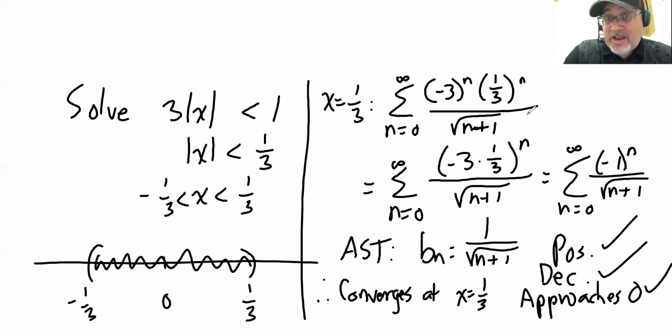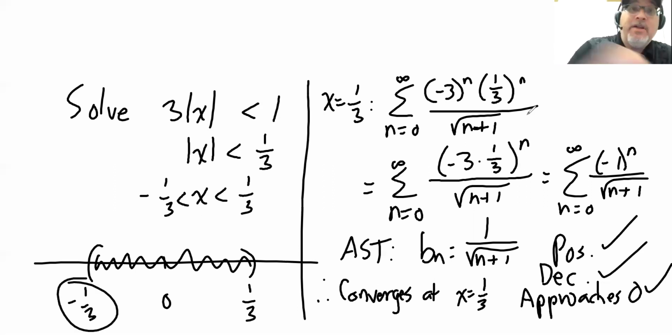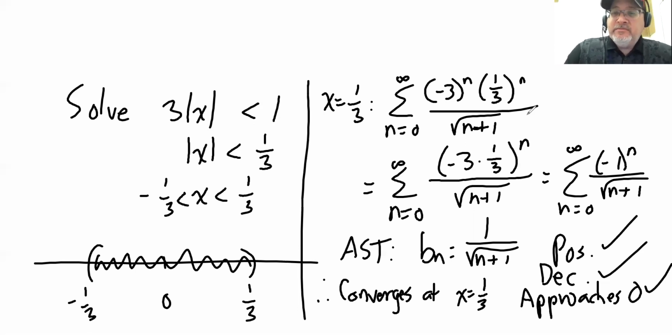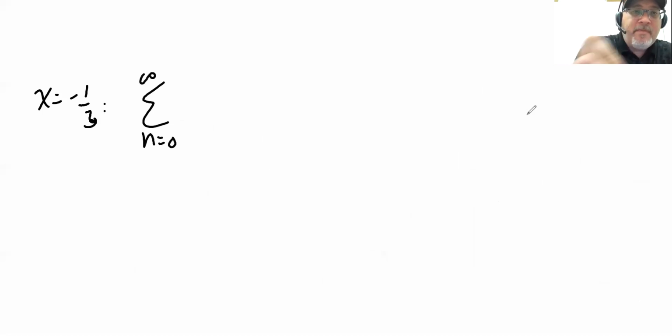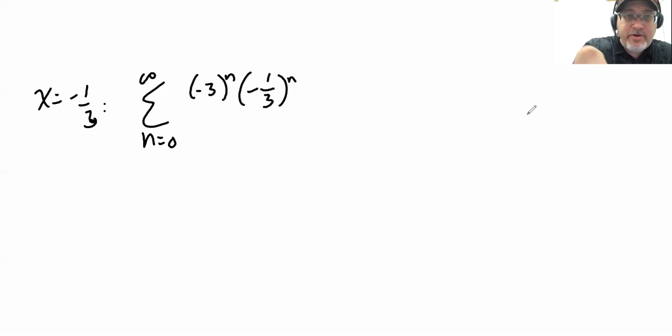So now we know what happens at 1/3, but we also have to check the other end of the interval, negative 1/3. So let's check that on the next page. When x equals negative 1/3, our series n equals 0 to infinity becomes the sum, negative 3 to the n. It was x to the n, but now the x is negative 1/3, over the square root of n plus 1.